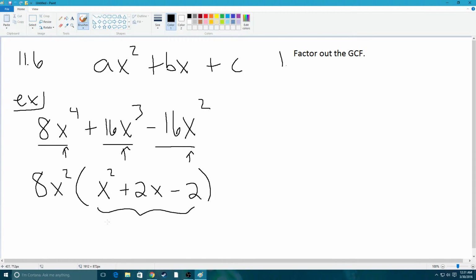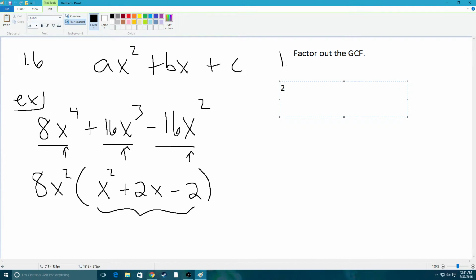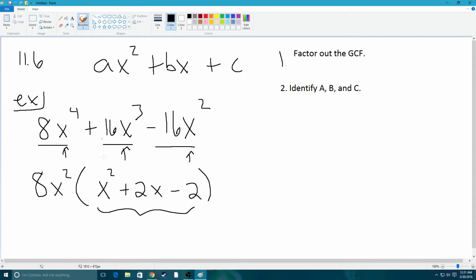So now this is where we go to step 2. Step 2 is to identify A, B, and C. Okay. So our A value is going to equal 1, our B value will equal 2, and our C value equals negative 2. Okay.